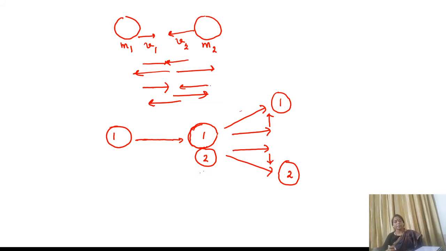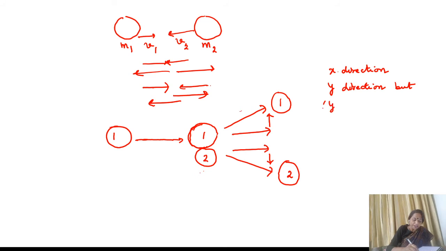But basically, before the collision, there was only movement in x direction. So what will happen in this case? Transfer of momentum is in x direction and transfer of momentum is in y direction, but momentum in y direction for the first body plus momentum in y direction for the second body will be 0.